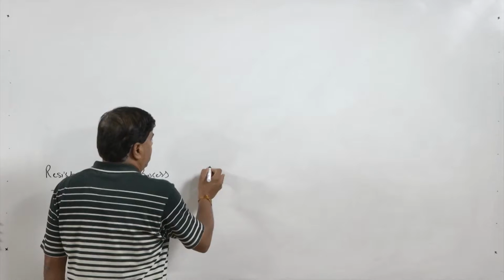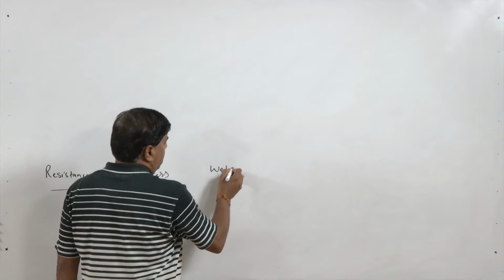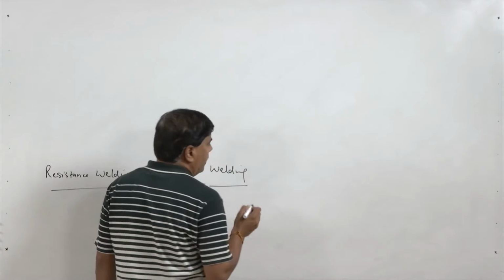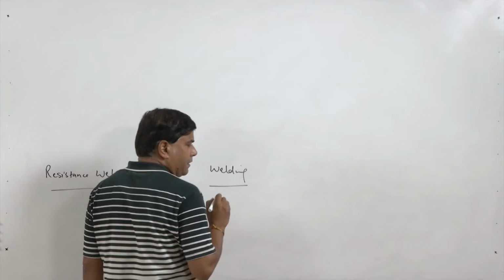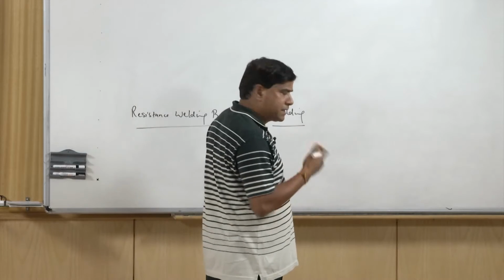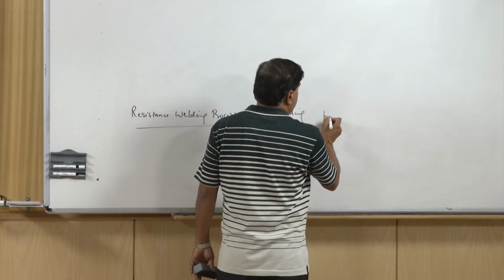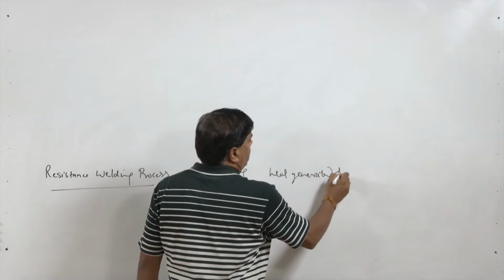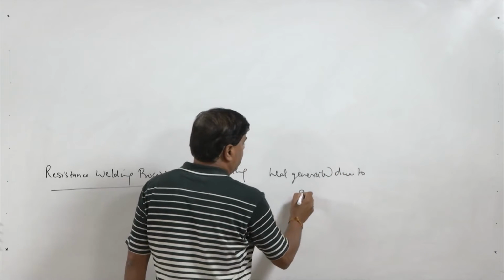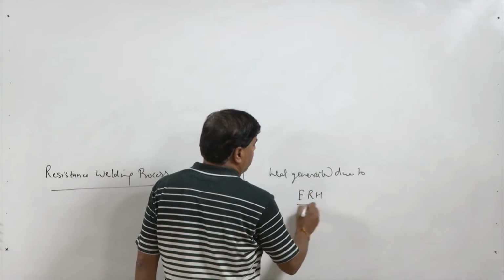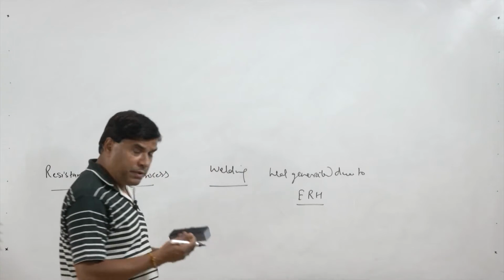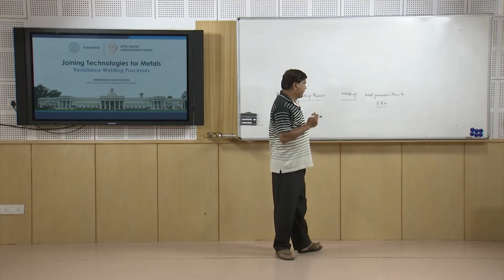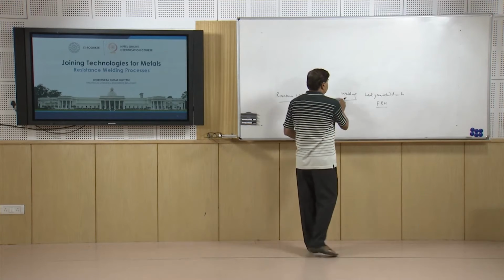Because the weld joint in these processes is mainly produced by the heat generated due to electrical resistance heating. So, the contact resistance between the faying surfaces plays a big role in these resistance welding processes.